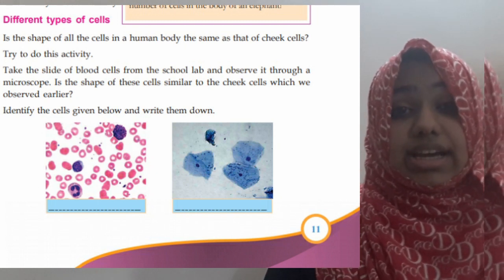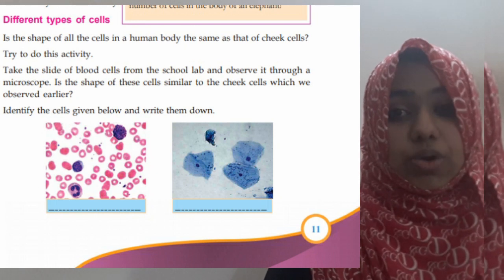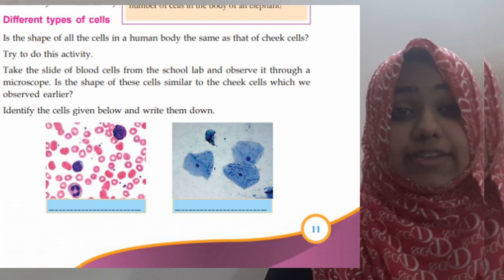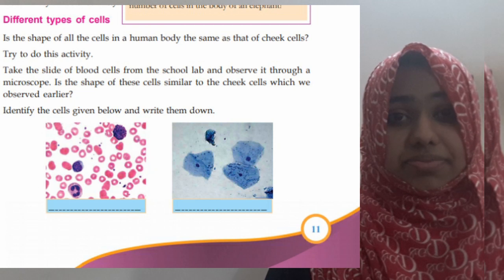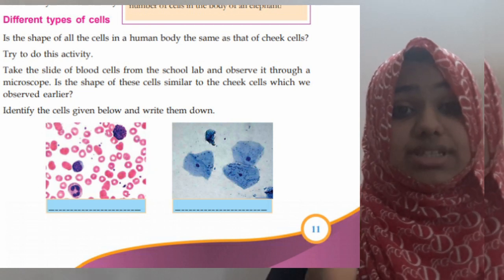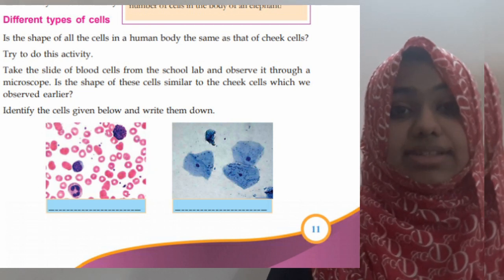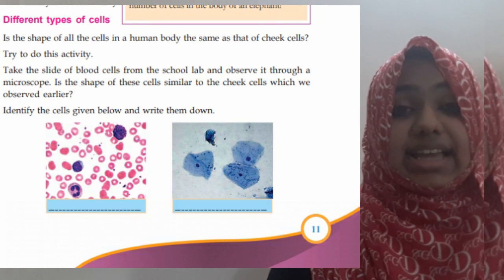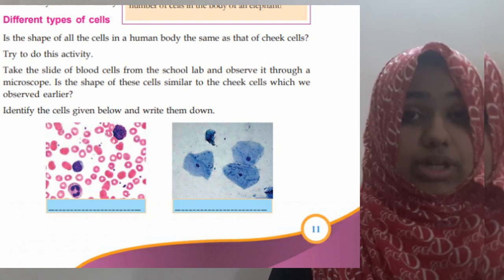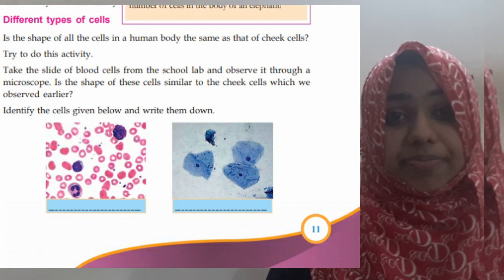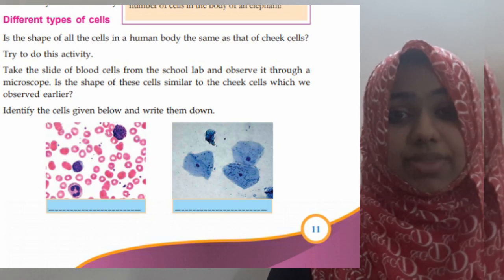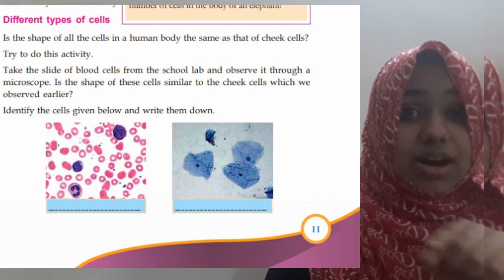Can you see in the text page below? Identify the cells given below and write them down, right? The first one over there is the red blood cells. That is how our blood looks when we look through a microscope. Is it clear? So the first one, did you see the round shape?